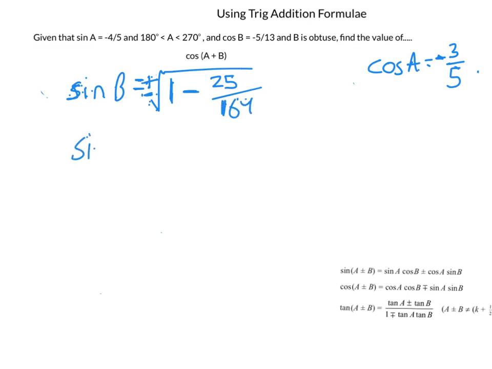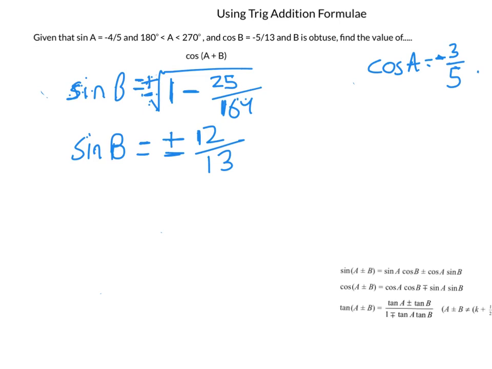So sine B is positive or negative, we'll decide which one in a minute, the square root of 144 over 169, which gives you 12 over 13.